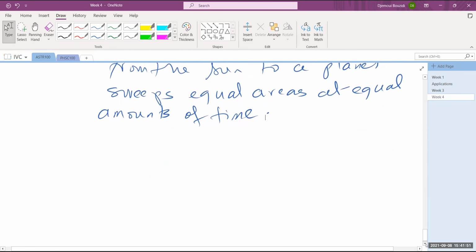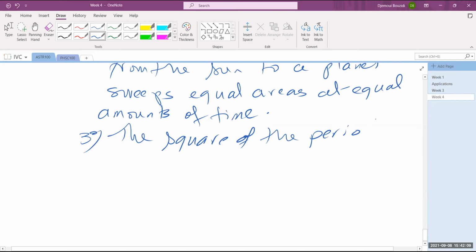Law number three is a more mathematical law, although the second one also is. Actually, all of them are. It says basically the square of the period, and I'm going to put this in capitals, because the period has to be measured in years, not in days or months or seconds as it is supposed to be in the metric system.